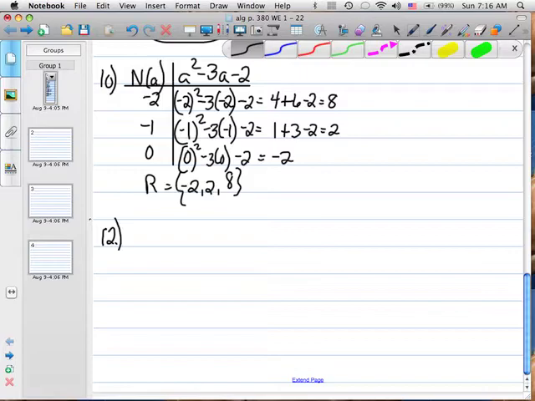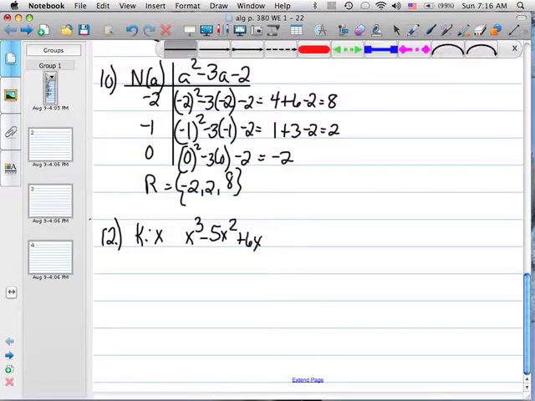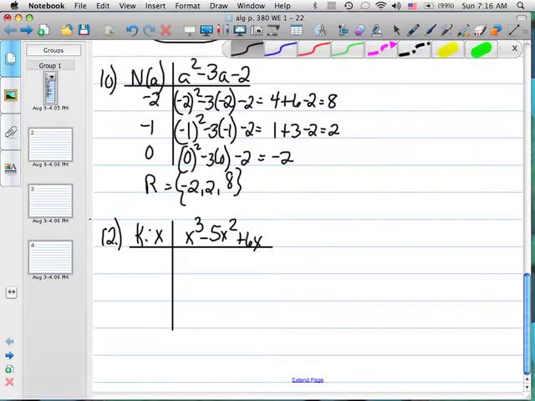Problem number 12, function k that pairs x with x cubed minus 5x squared plus 6x. The domain is 0, 2, and 3.